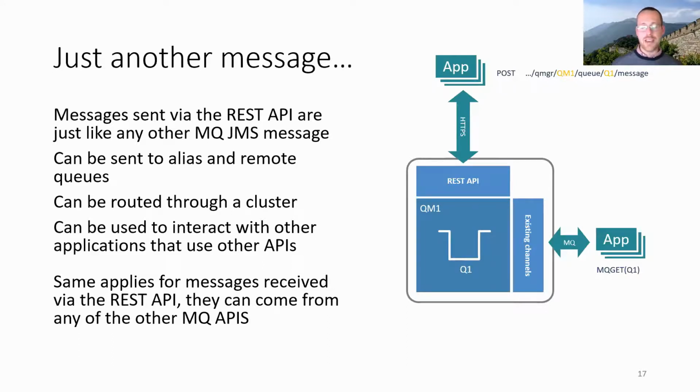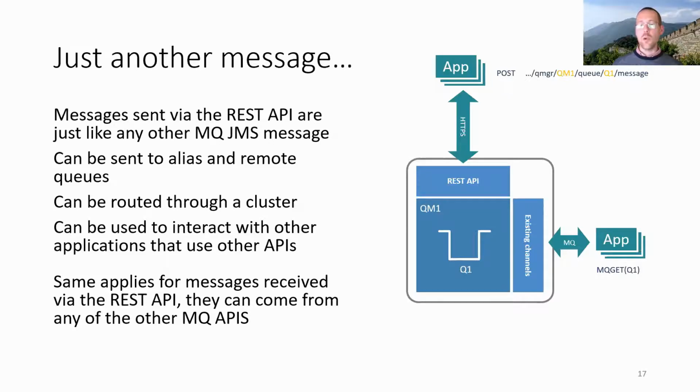You can have REST APIs interacting with other REST API based applications, or you can have applications driving the REST API driving backend CICS transactions as well. So you can mix and match how you do this, and that applies whether you're using the sending message API or the receiving message API. It doesn't matter how you combine your APIs.